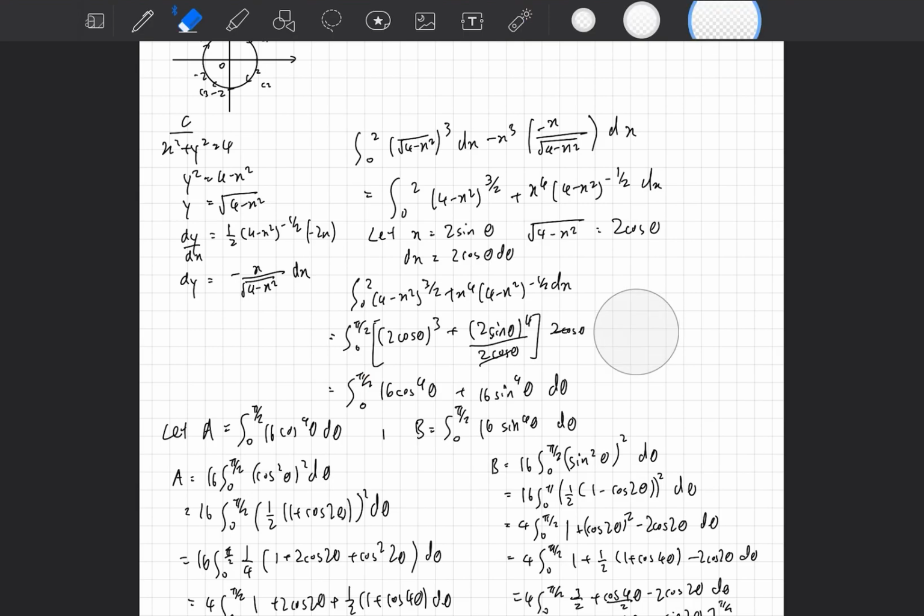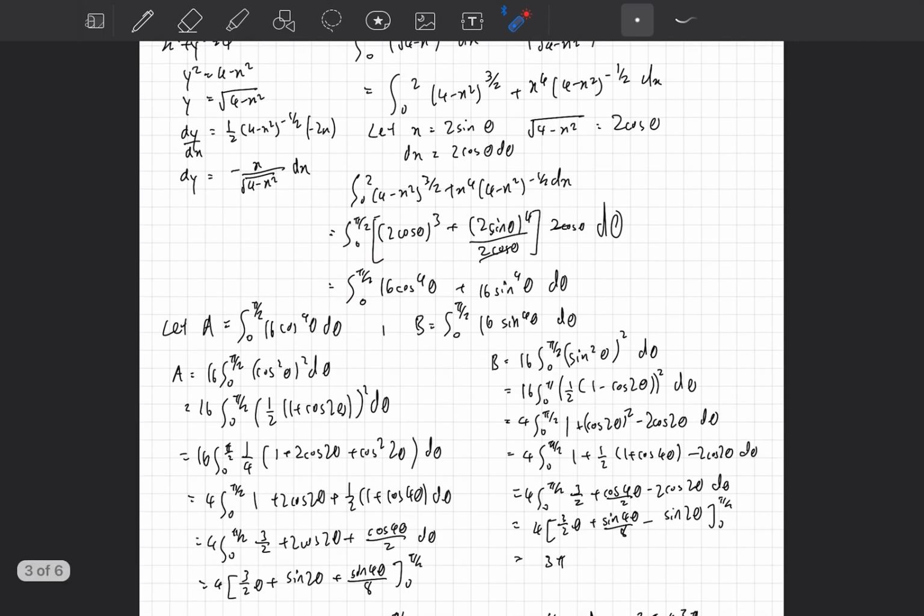When x is 0, I find theta is 0 also. If x equals 2, then theta will be pi over 2. So we do the integration from 0 to pi over 2 of 16 cos power 4 theta plus 16 sin power 4 theta.